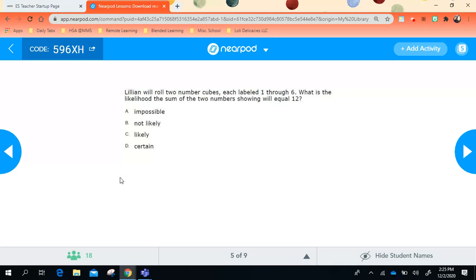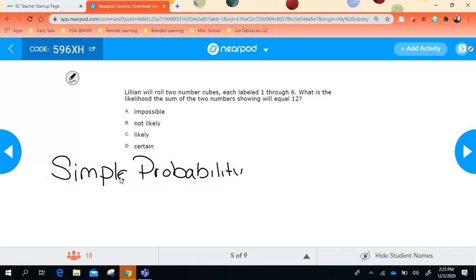Okay, so let's go over real quick the difference between simple and compound probability. So we've looked at maybe one or two compound probability problems, but for the most part, we've been looking at simple probability. And simple probability is a problem where one event is occurring.